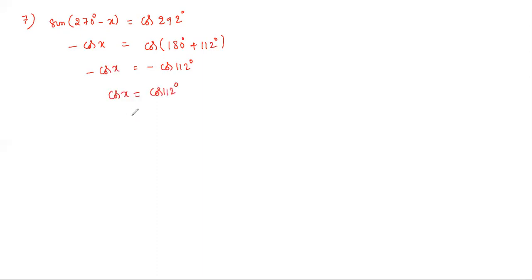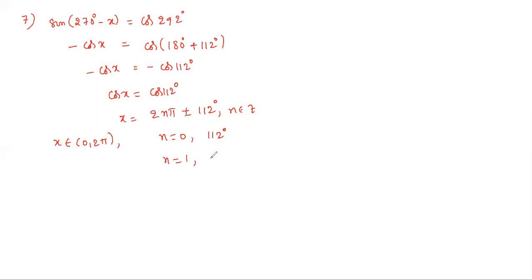And we have to write the values with x between 0 and 2 pi only. So the general solution is 2n pi plus or minus alpha, where alpha is 112 degrees. But we have to write the values between 0 and 2 pi. So for n equals 0, you will get 112 degrees. For n equals 1, plus or minus, we will take only minus, because we have to write only between 0 and 2 pi.